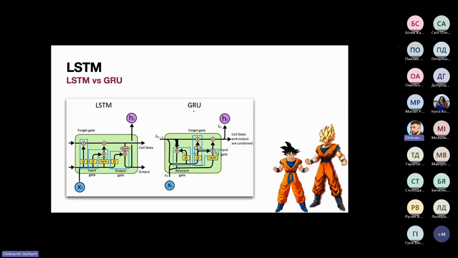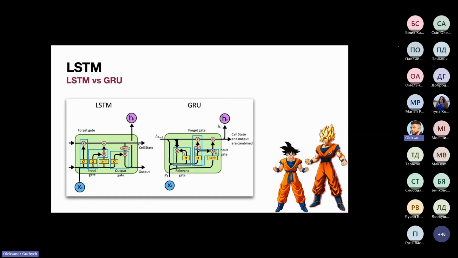If we compare LSTM and GRU, you can see that in GRU the update gate and forget gate are combined. Input gate and forget gate are shared. And also the output of a cell state is combined with a hidden state candidate.